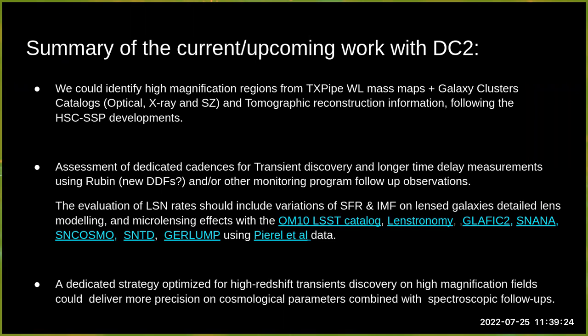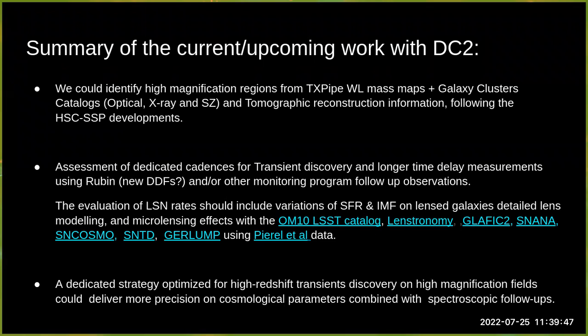I was very happy to hear that there is a new simulation group building lensed supernova data for Rubin, because I was trying to do that using the Oguri data and the new one by Peter.